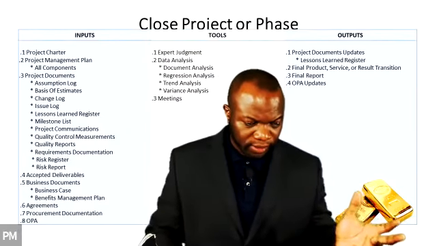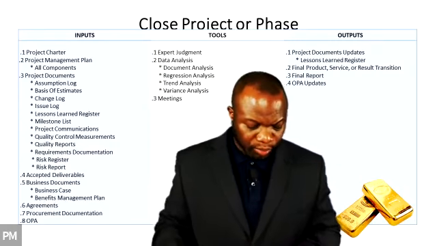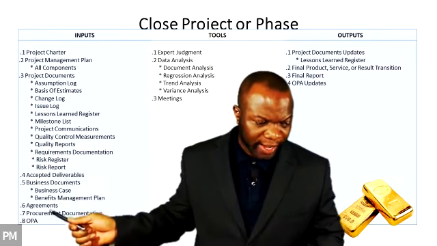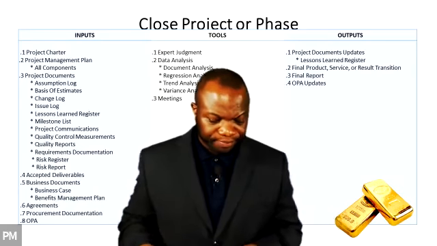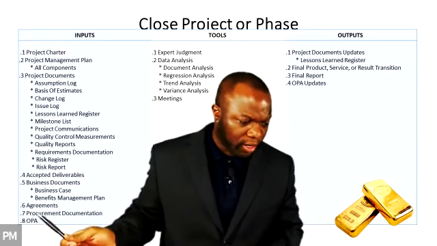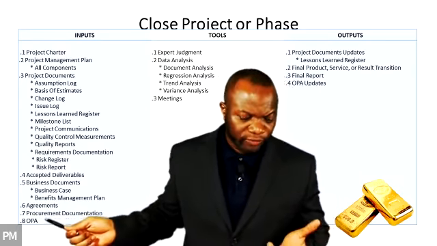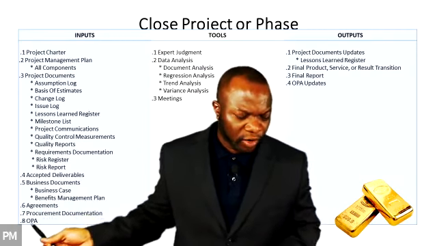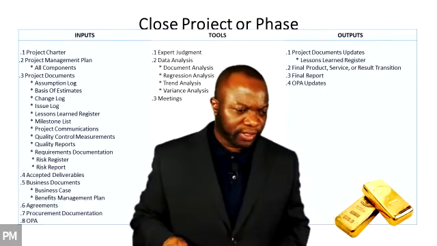And last but not least, in this list of inputs, we have OPAs and, of course, procurement documentation that we've talked about. So procurement documentation, remember your statement of work, remember operating documentation for those vendors working for you, those contractors working for you, and the OPAs, okay, that will guide you in this process.